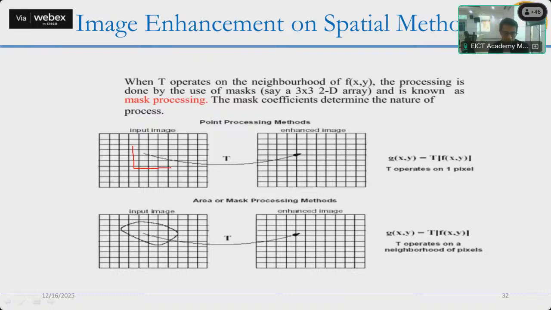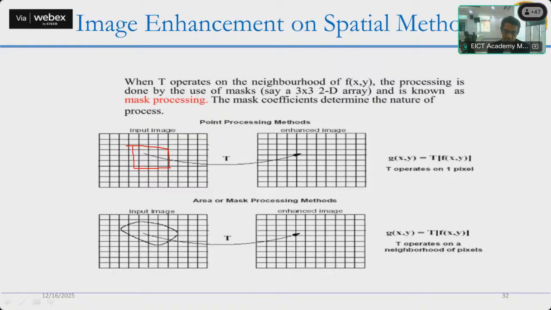Here, for example, I am taking this: 1, 2, 3, right? So this is the central point here. We call this the mask, and this processing is the mask processing. How does it play a role here?